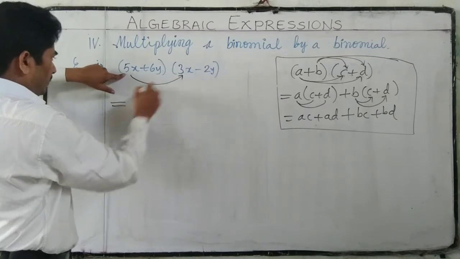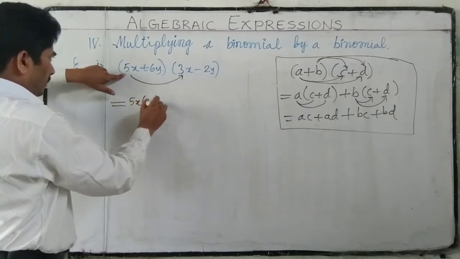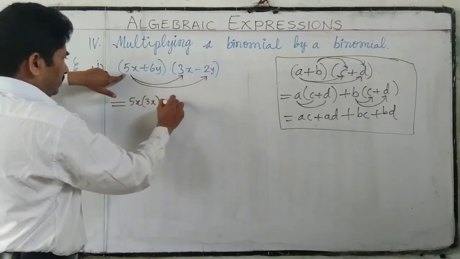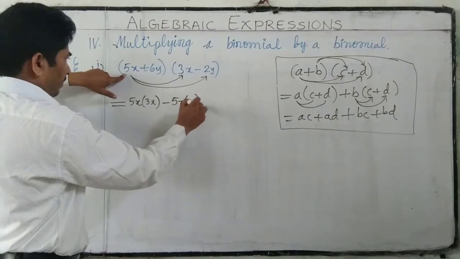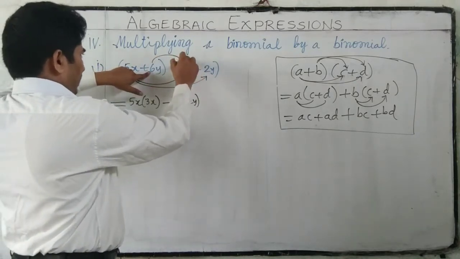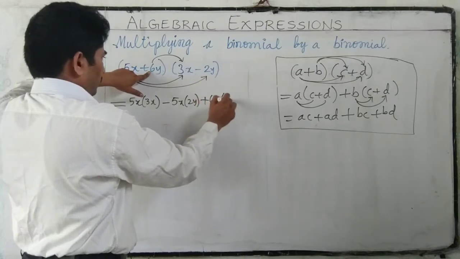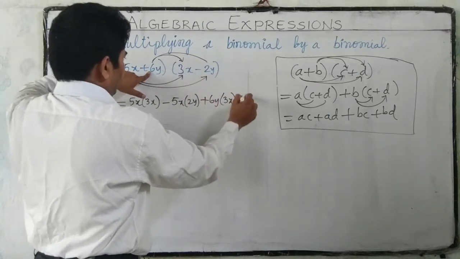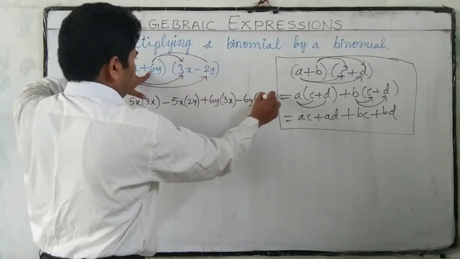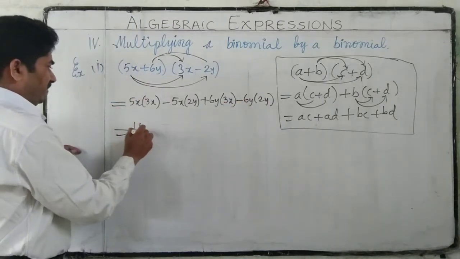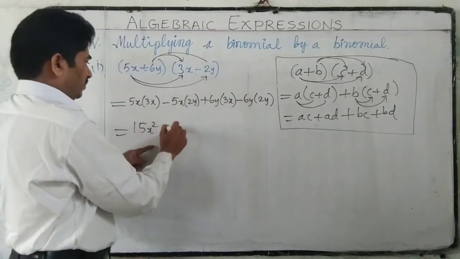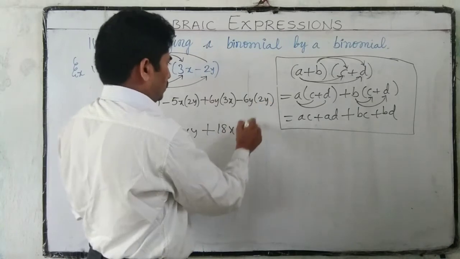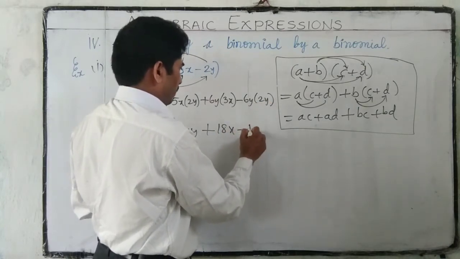5x into 3x, 5x into 2x, plus into minus is minus 5x into 2y. Next, 6y into 3x, plus into minus is minus 6y into 2y. 5 threes are 15x square, 5 twos are 10xy, 6 threes are 18xy, 6 twos are 12y square.